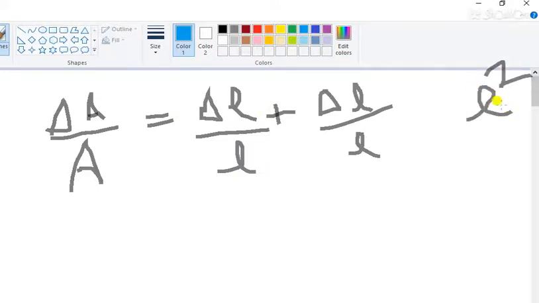So binomial expansion can be used here also. So 2 will be multiplied with delta L by L. You can use that way also.